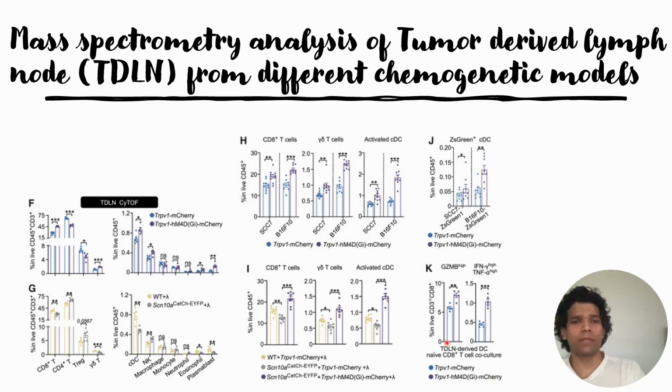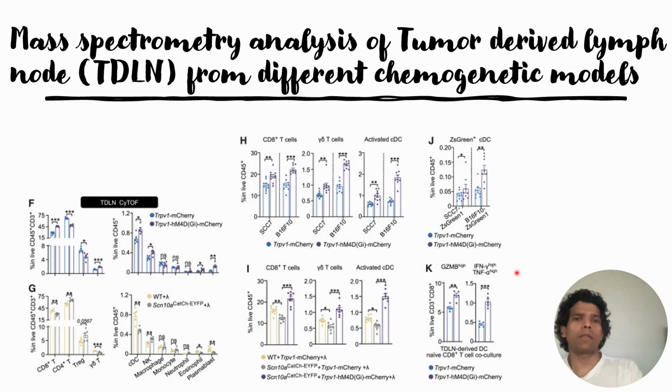They are able to see that in the presence of the chemogenetic inhibition method, there is an increase in granzyme, IFN-gamma and TNF-alpha compared to the control, indicating that these CD8 plus T cells present in the tumors play a role in tumor cell killing.